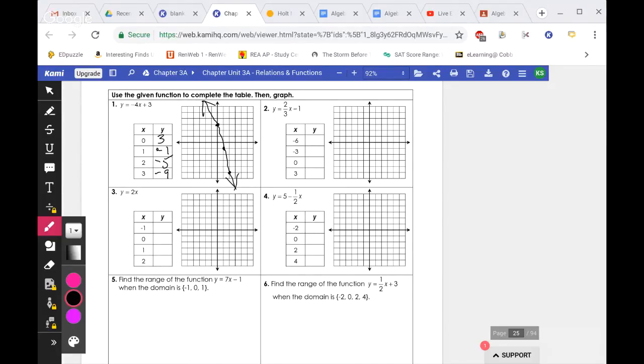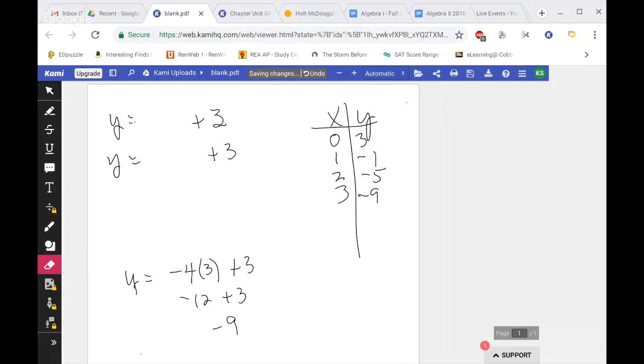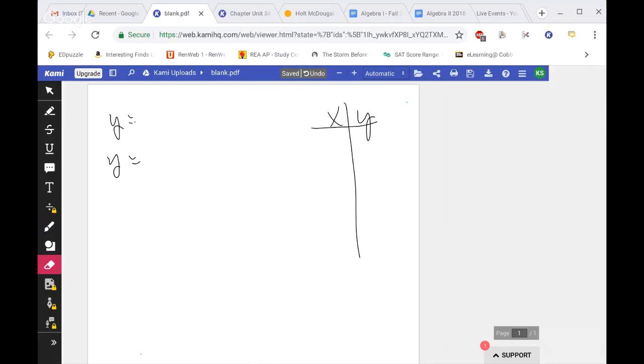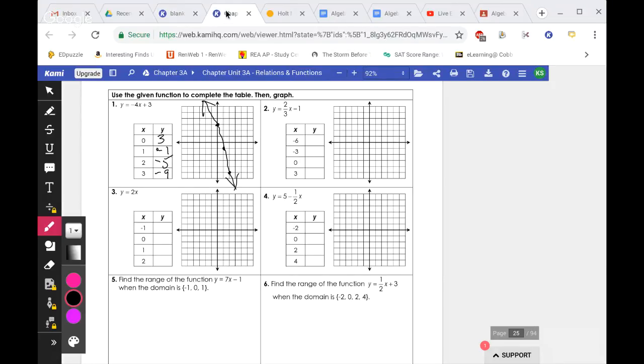On number 2, I've got a different equation, but I'm still going to be using an XY table. And you will note that there's a fraction in this equation. So because we can pick any x that we want to, we would like to choose x's that are multiples of the denominator so that it will make working with the fraction simpler.